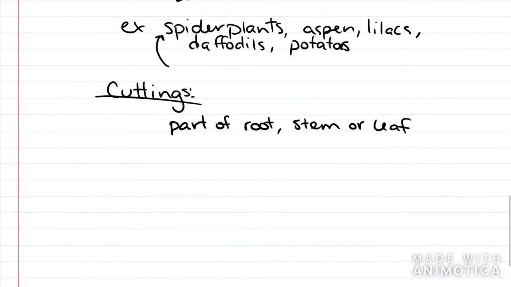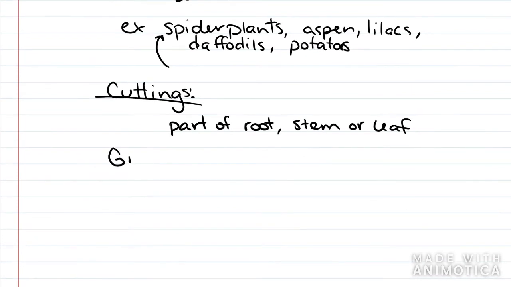We also do something called grafting. And grafting is really cool. So grafting is when we take a portion of a tree, a bud, a stem, a root, and we cut it from one plant and then we join it to the other.